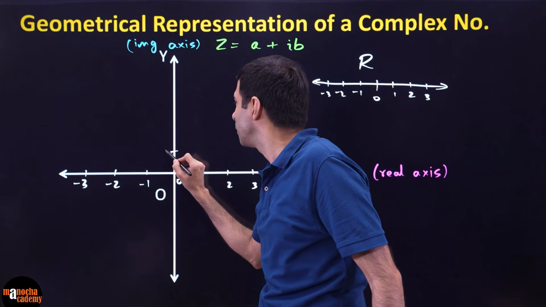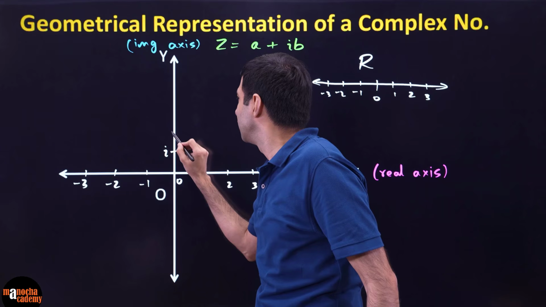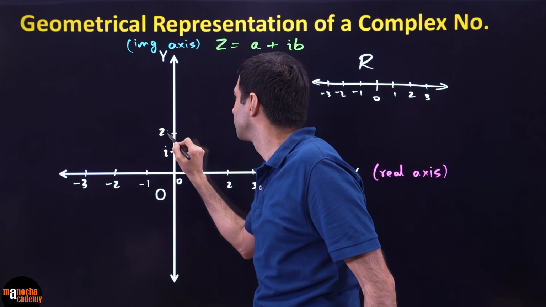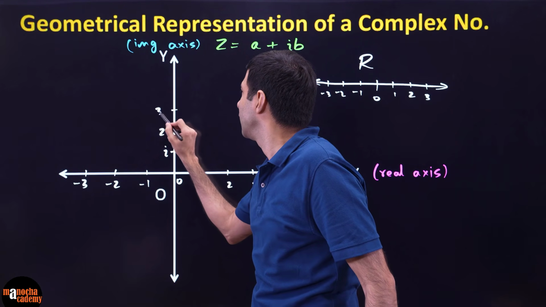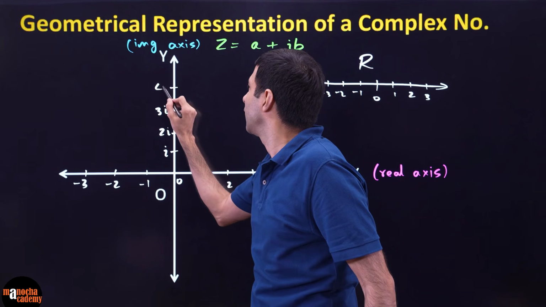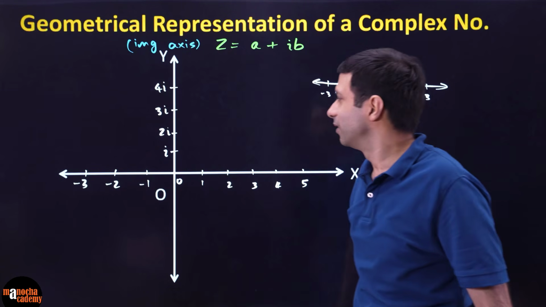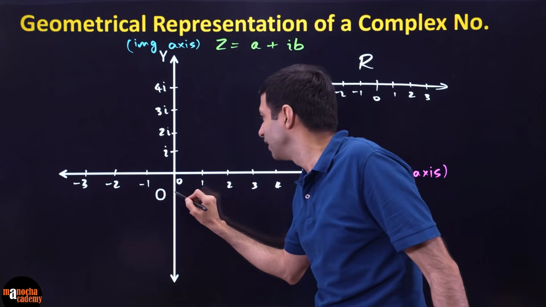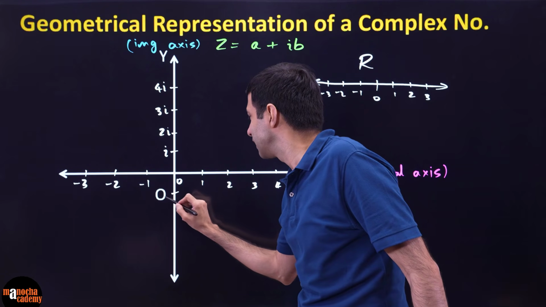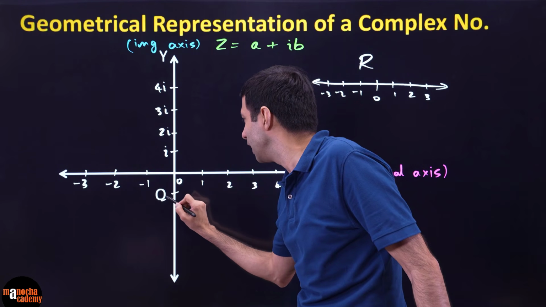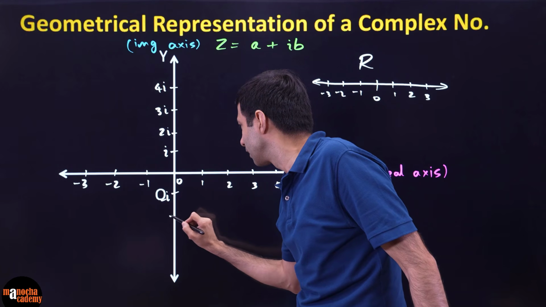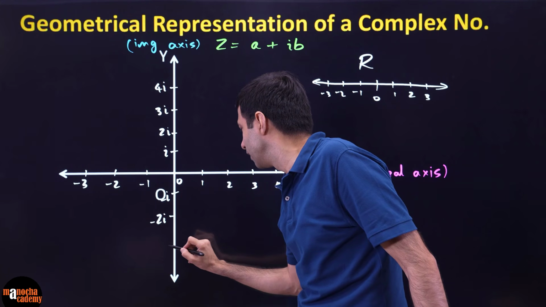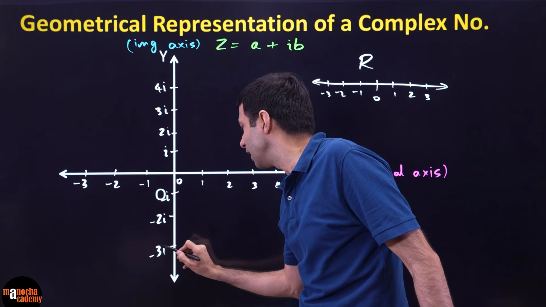This is basically representing i. This is 2i. This is 3i. This is 4i and so on. And similarly here in the negative imaginary axis, you will have -i, -2i, -3i and so on.